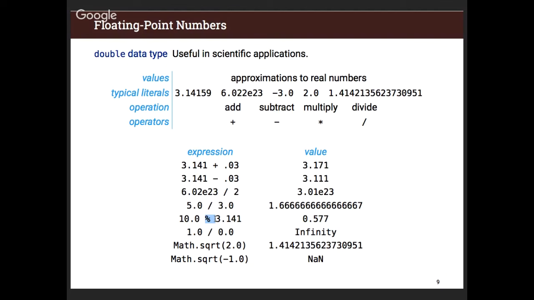5 remainder 2, well, 2 goes into 5 twice, leaves a remainder 1. That makes perfect sense. But when we're talking about real numbers, what we do is we say 3.141 goes into 10 a certain number of times, 3 times. It can't go into 10 4 times. 4 times 3 is already 12. So 3.141 can't go into 10 4 times.